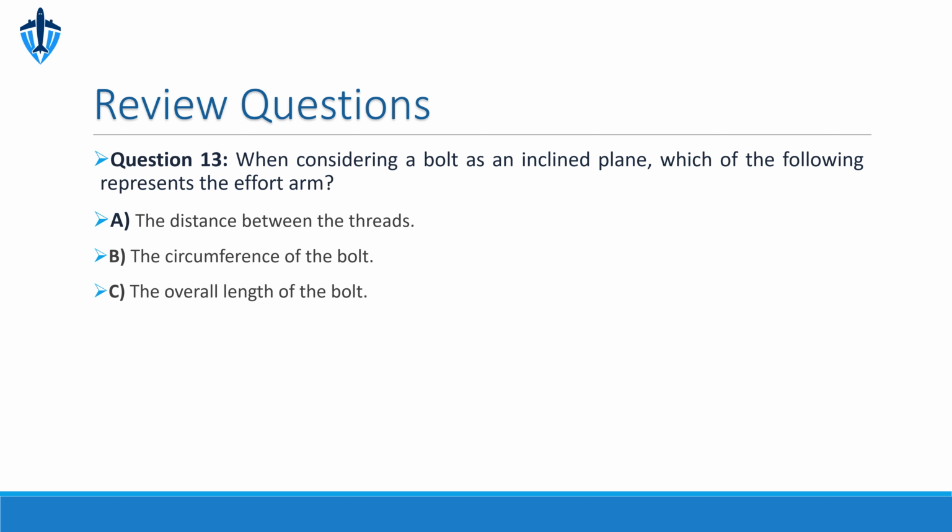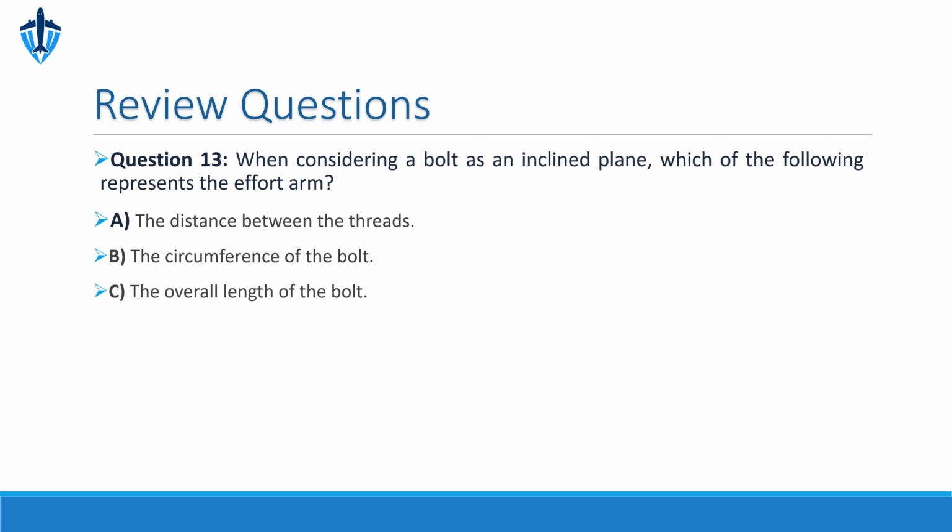To understand its mechanical advantage, we relate its geometry to the effort and resistance arms. The effort arm is the distance over which the effort is applied. When you turn a bolt, the force is applied along the path of the thread as it winds around the bolt. This path corresponds to the circumference of the bolt. The resistance arm is the vertical distance the bolt advances for one full rotation.